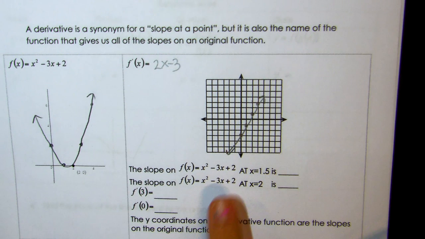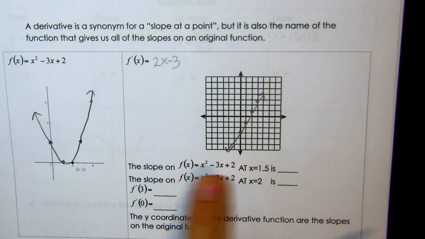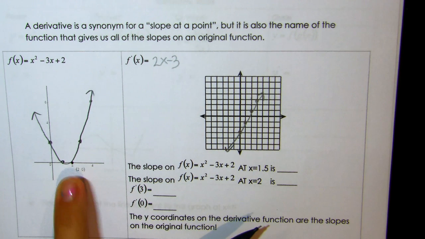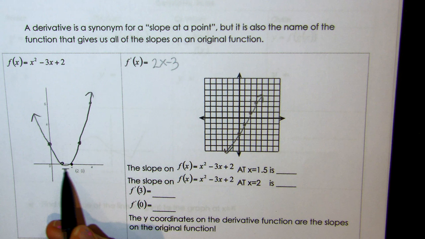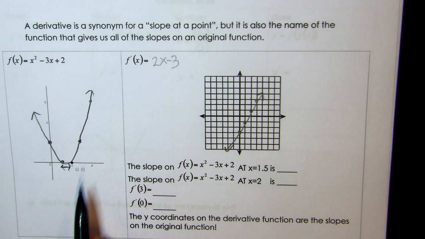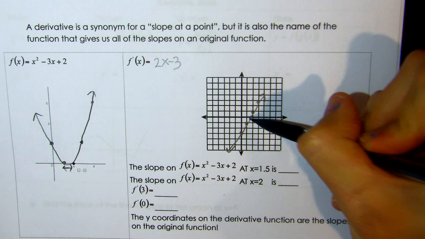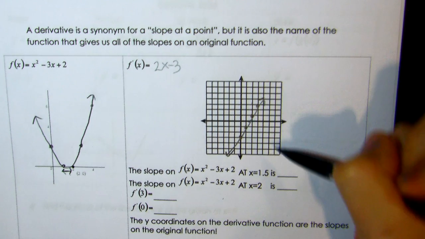If I want to know the slope on the parabola at 1.5, let's look at the parabola at 1.5 and guess that the slope is probably going to be 0. Then you go over to the derivative, and at 1.5, the y coordinate is 0.